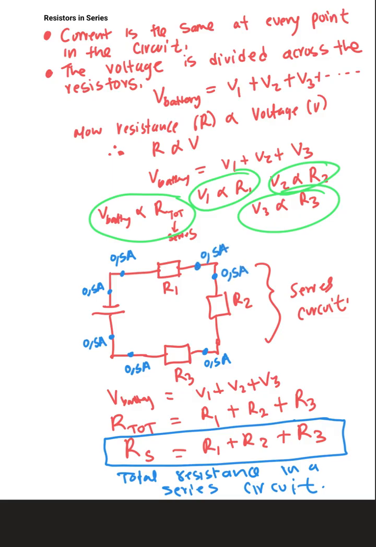So meaning current is the same at each point on the circuit. Current is the same at each point in the circuit, right?